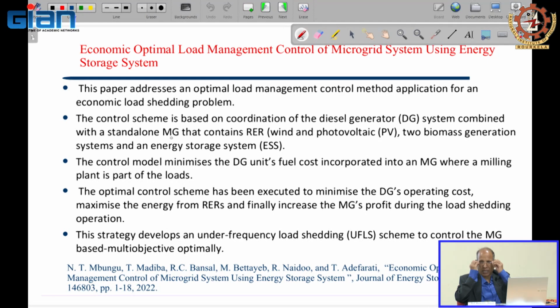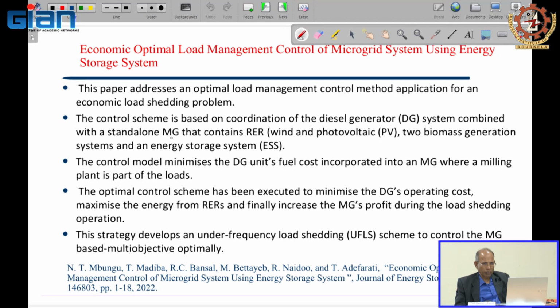Basically, as I mentioned, real power generation and demand have to match. But if the load is more, frequency goes down. If frequency goes down beyond a limit, otherwise the system will get desynchronized. So then again you have to have a proper scheme that if the frequency is dropping by this much, then you have to shed the load, or it can lead to a blackout situation.